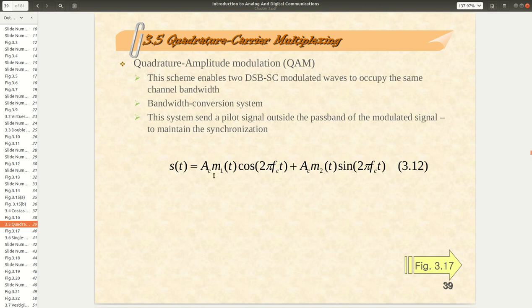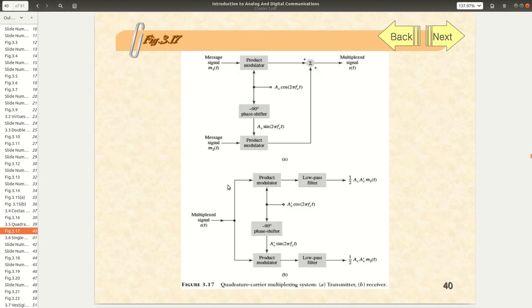So instead of sending one signal, you send two signals, which occupy the same channel bandwidth, but you make use of the bandwidth that you have. For recovery at the receiver, you just apply two coherent detections, one time with cosine and one time with sine.